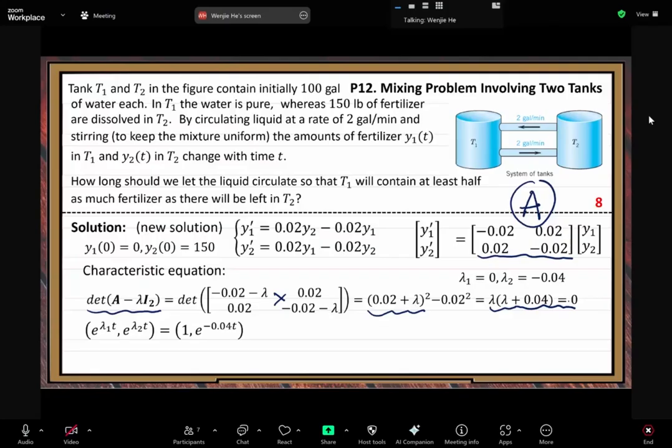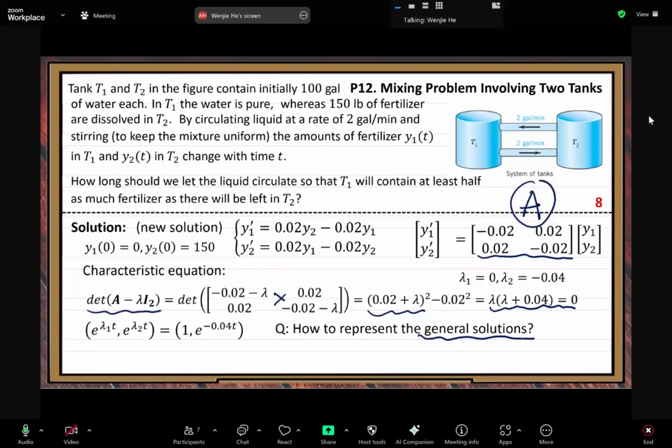But the next step we need to do, because our goal is to represent the general solutions, right? How to represent the general solutions? Remember, we need to find a basis for the solution. The basis is formed by two linearly independent vectors.